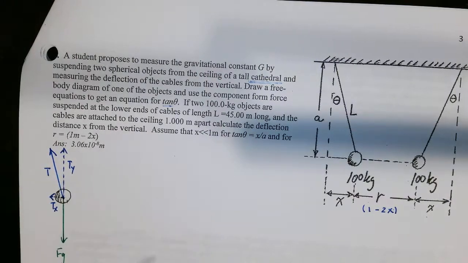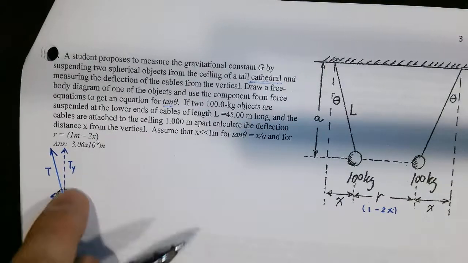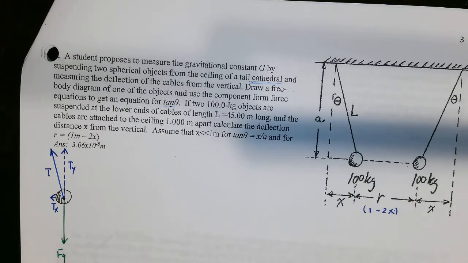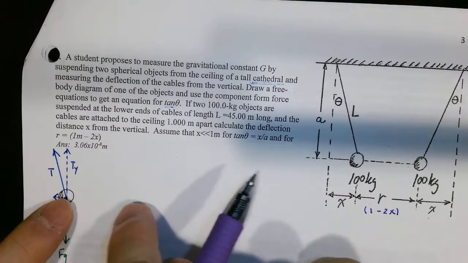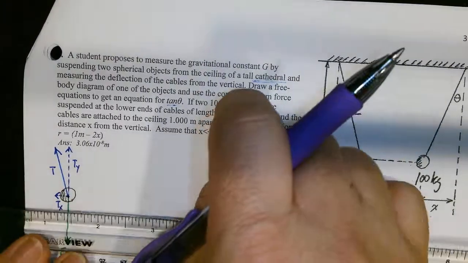Now, this Fg and this Fg are two different Fgs. This Fg is universal gravitation between the two masses, while this is Fg between the Earth and this object.